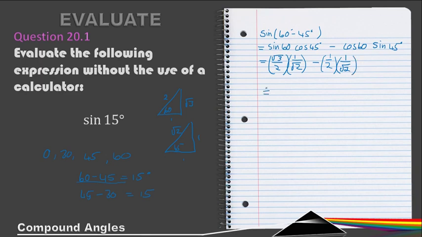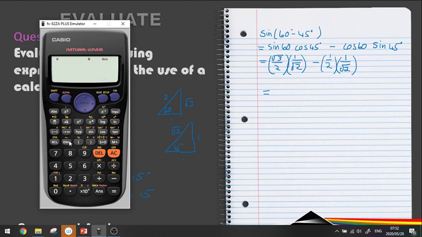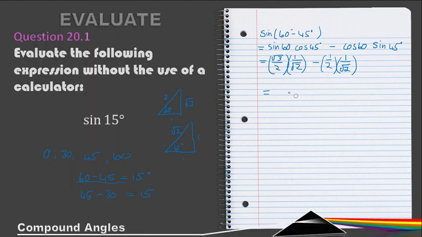And then we just type this into the calculator. So here we have square root of 3 over 2 minus... okay, so then in this case we have square root of 6 minus square root of 2 over 4.